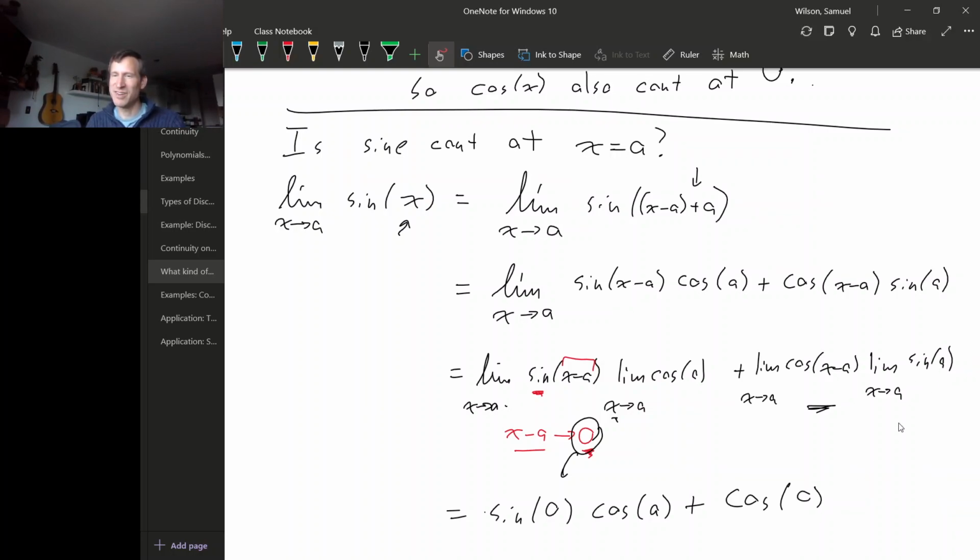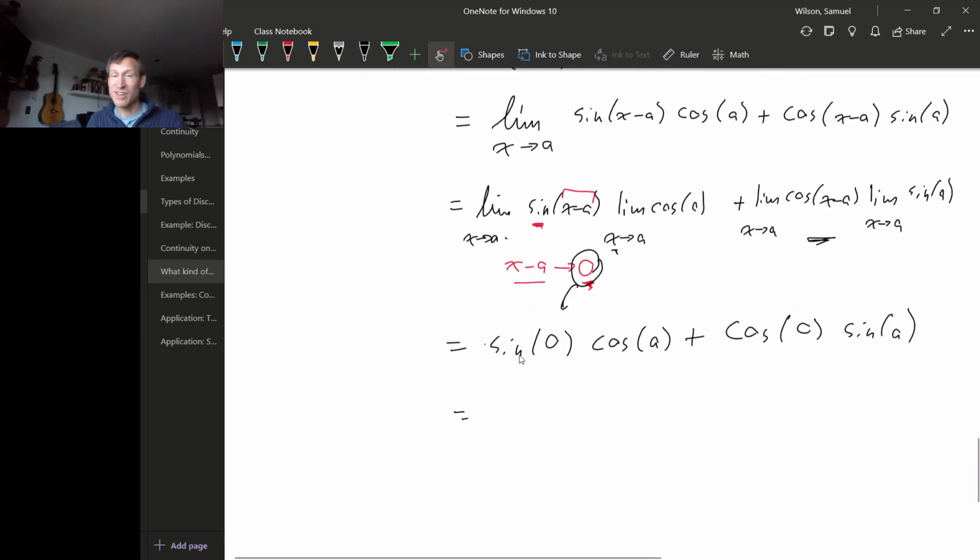And then the limit of sine of a is sine of a, since that's a constant. Okay, now sine of 0 is 0, so who cares what cosine a is? Plus cosine of 0 is 1 times sine of a. So this whole thing turns out to be sine of a.